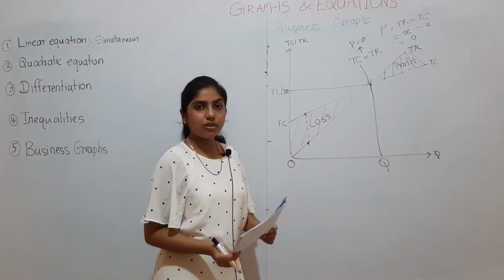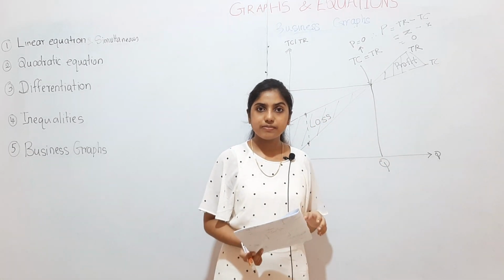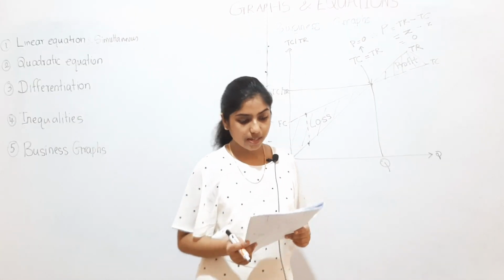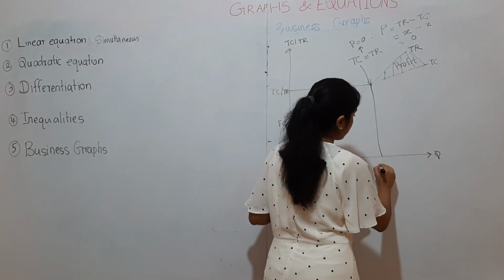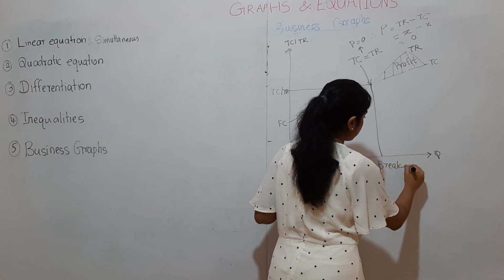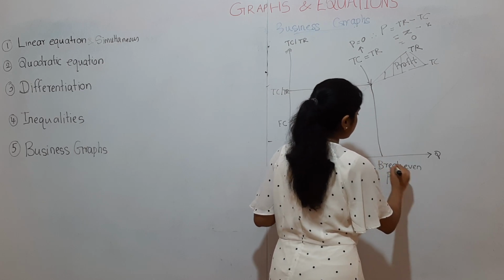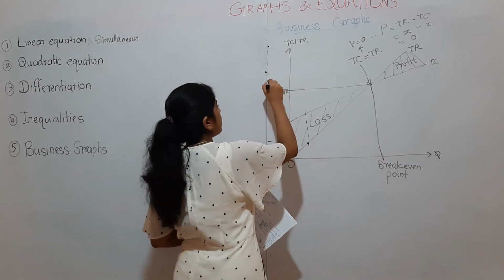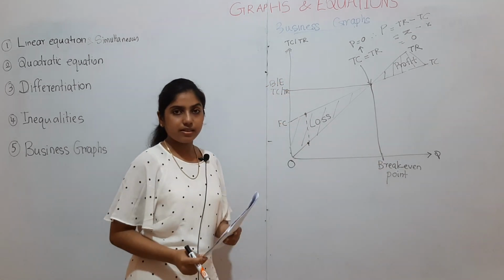Okay, so always this side will be loss and the other side will be profit. And when profit is equal to 0, we call it the break even point. So this will be the break even quantity and this will be the break even revenue or cost.